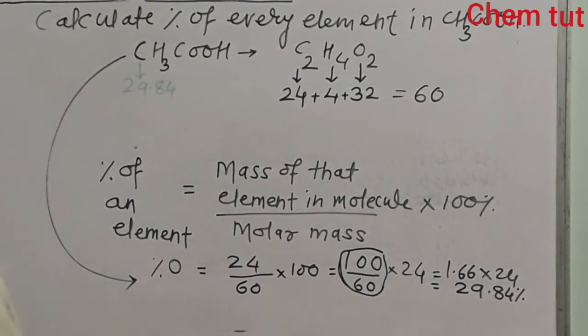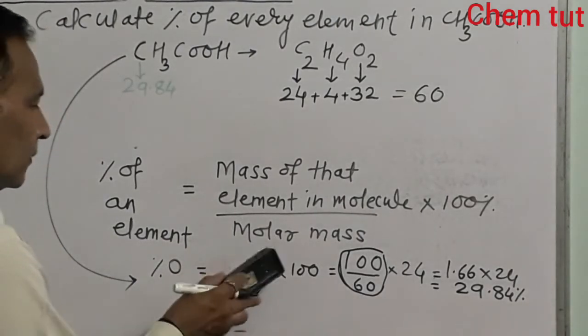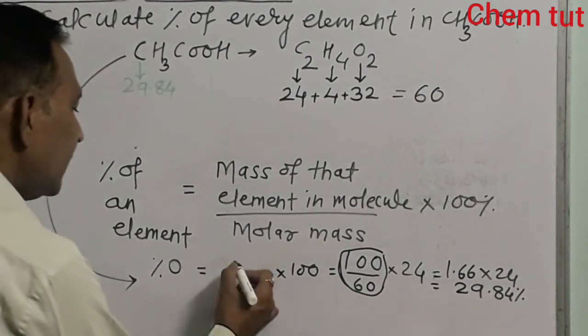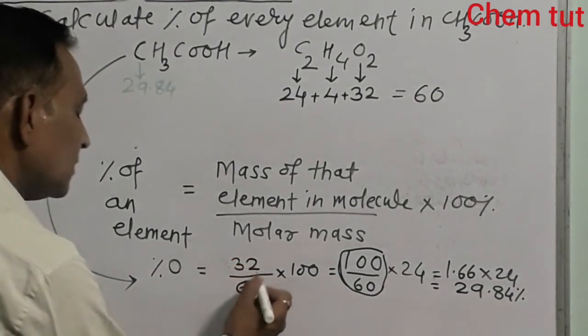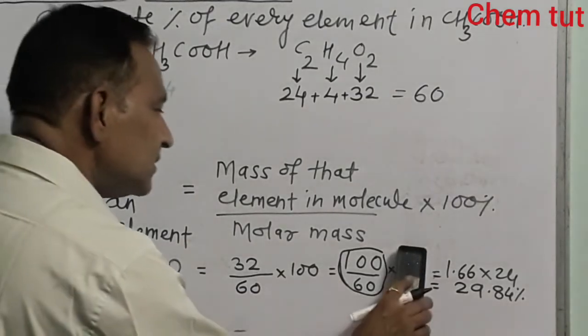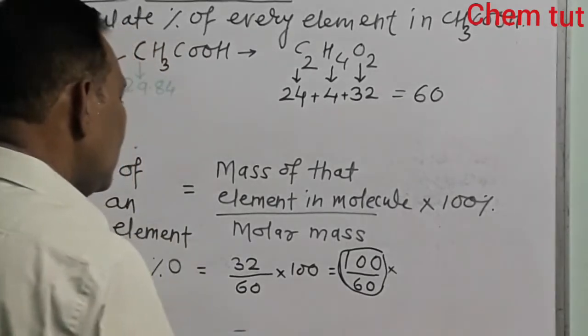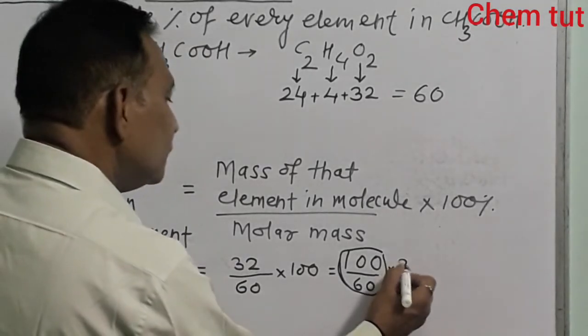Now, if I replace this carbon by another element, we'll write percentage of oxygen. So again here it will be mass of oxygen, that is 32, divided by molar mass of acetic acid 60, into 100. Again 100 by 60 will be the common factor, multiplied by 32.